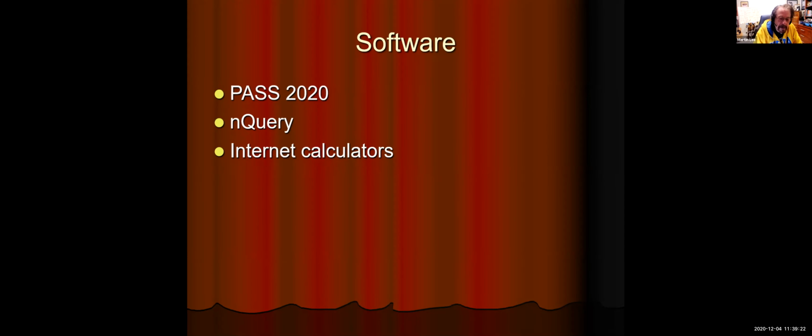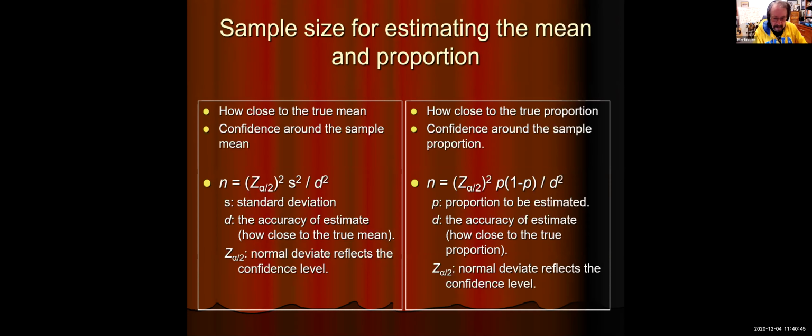So in determining sample size here, you need to have essentially two things. Well, first, three actually. You need to know what confidence level you want. Most people pick 95%. That's what we've all pretty much learned and used as a standard number.